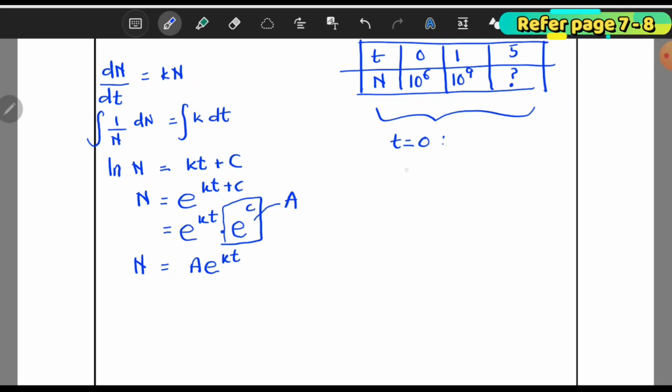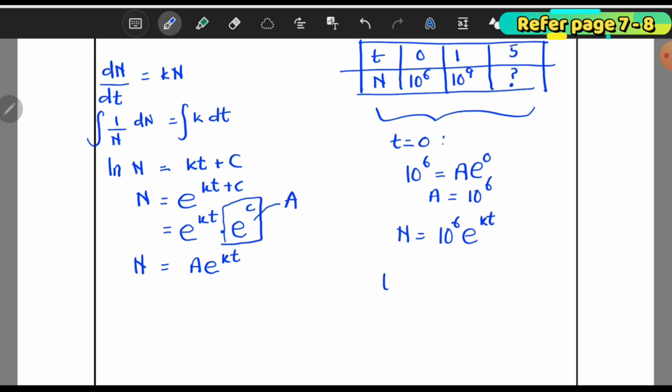We will have 10^6 equals A e^(0 times k), sorry, 0 times k. And e^0 is 1. Therefore, we get A equals 10^6, meaning that n equals 10^6 e^kt.